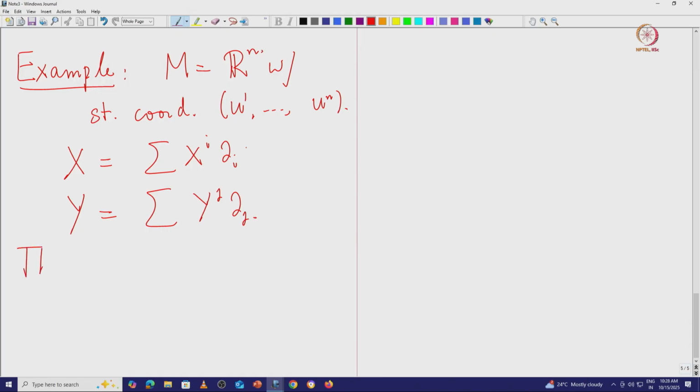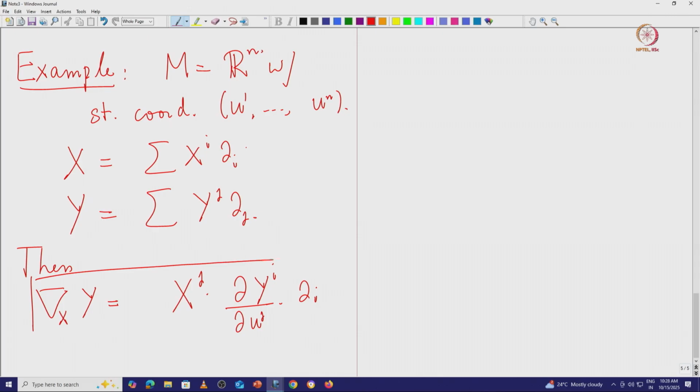Then one can simply define this to be so this clearly satisfies all the three properties.